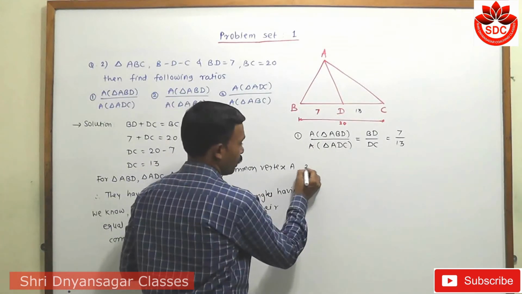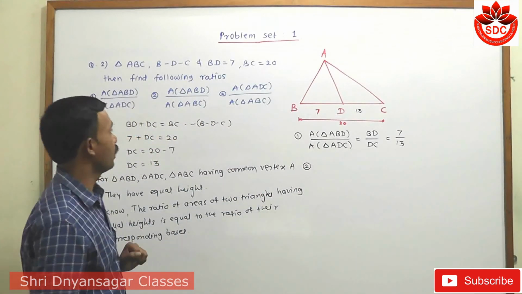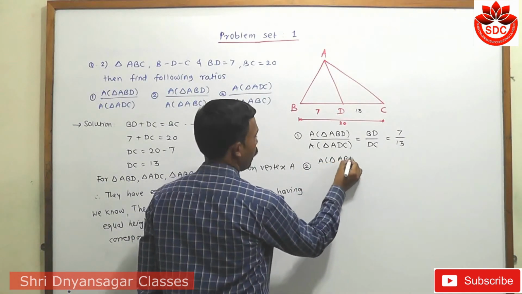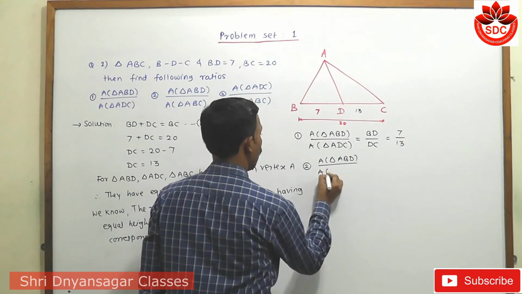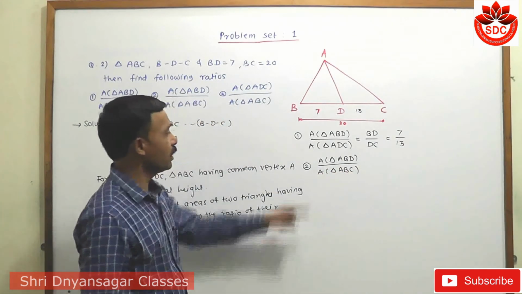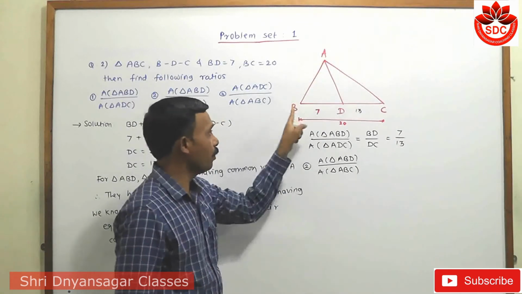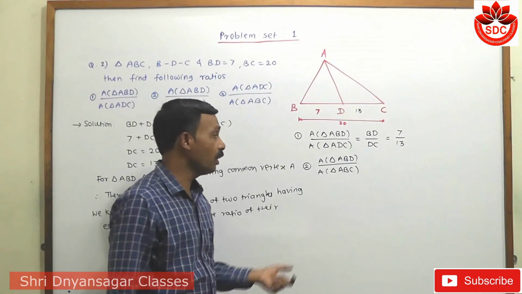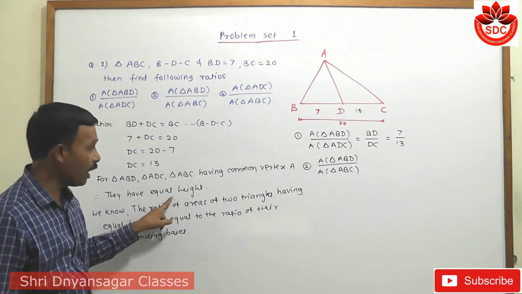Then for the second one, it is area of triangle ABD upon area of triangle ABC. Now look at triangles ABD and ABC. Both have A as the common vertex, therefore they also have equal height.